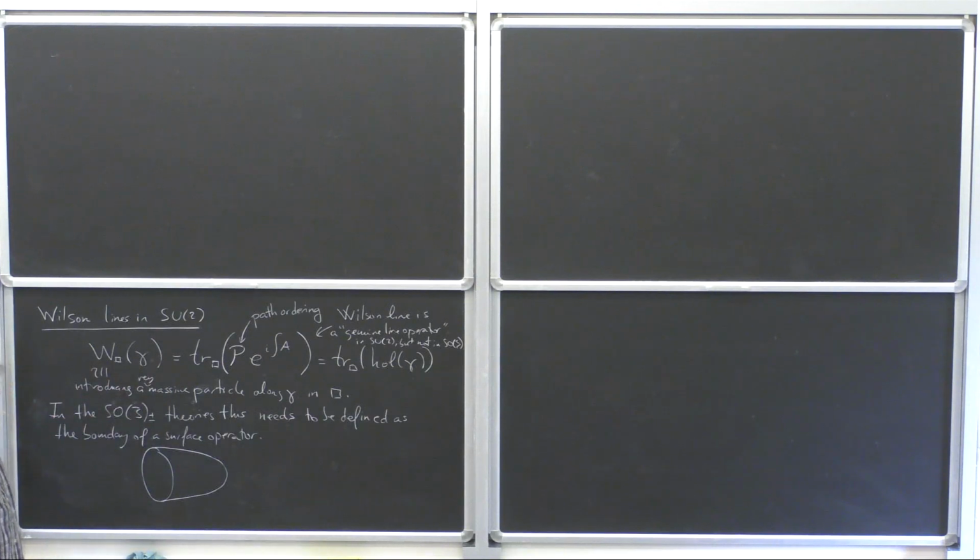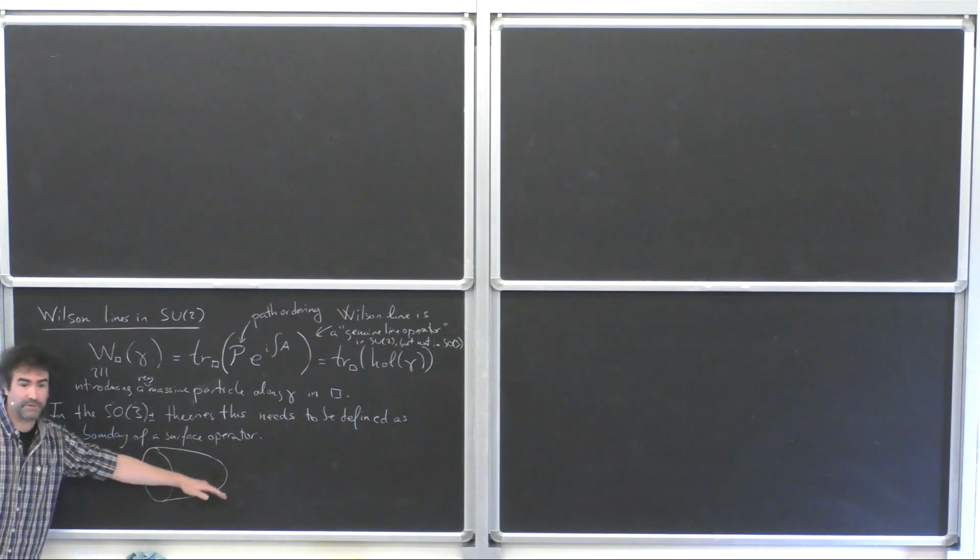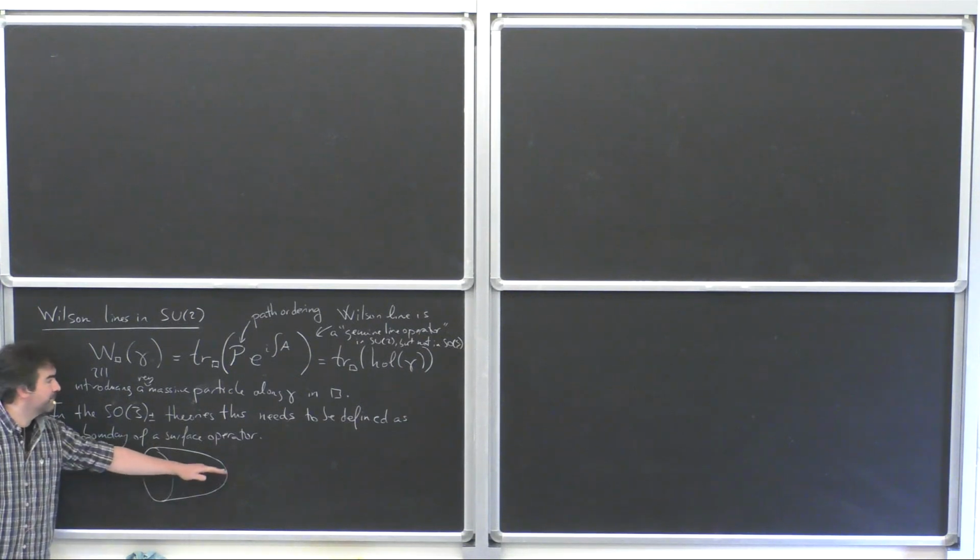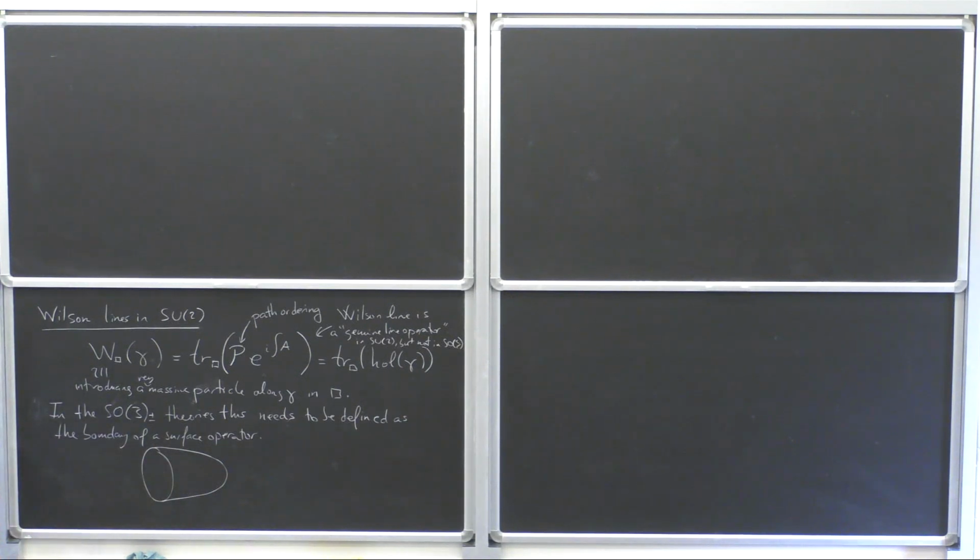And all this means is that I can define this operator without ever specifying a surface in SU2, but if I try to define it in SO3, I have to tell you what the surface is that's attached. Or if you want, an alternative way of reading this is that this surface, if extended to a closed cycle, is always transparent in the SU2 theory. It measures something trivial.